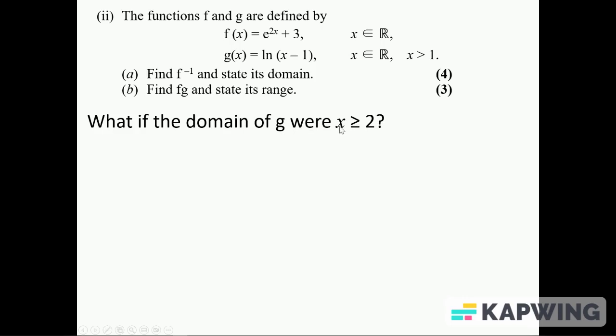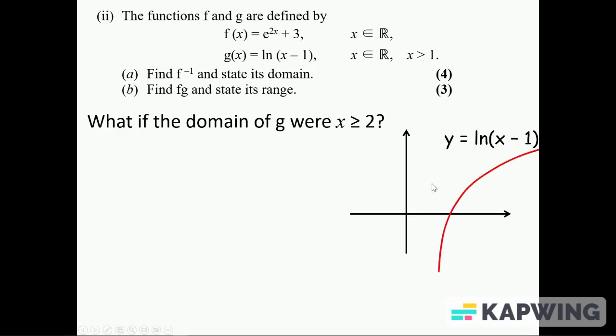What if the domain of g were greater than or equal to 2 instead of greater than 1? Well, that's the ln of x minus 1 graph. The ln x graph has got an asymptote on the y-axis, but because it's x minus 1, it's been moved to the right by 1. It's going to hit the x-axis at 2. And like I said, it's got that asymptote at x equals 1.